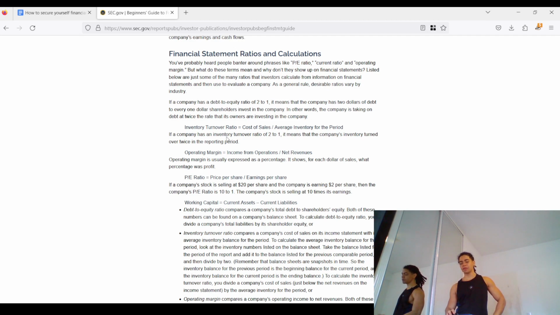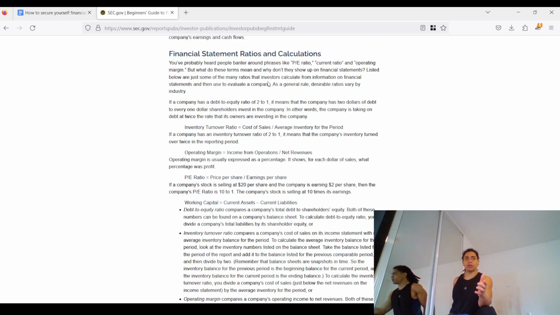So now, finally, we reach what we care about here, and that is financial statement ratios and calculations. Over the past couple of videos, I looked at several ratios and calculations that I was not aware of, but I heard or saw them.